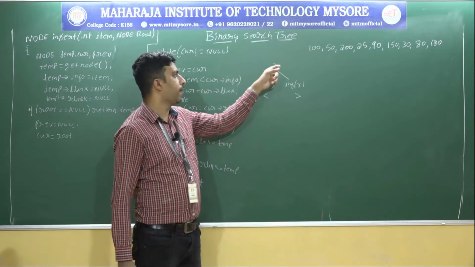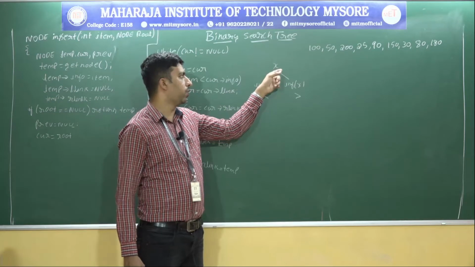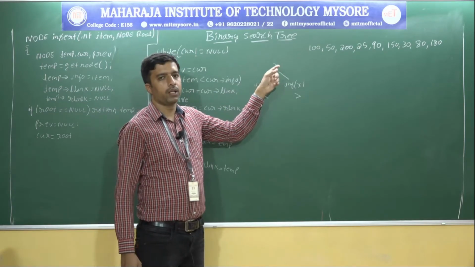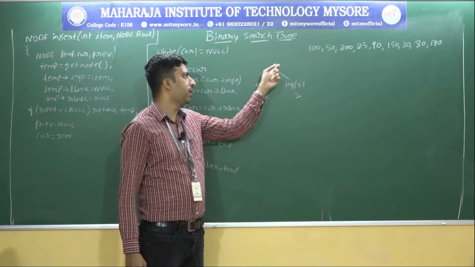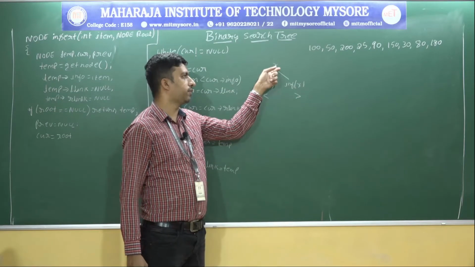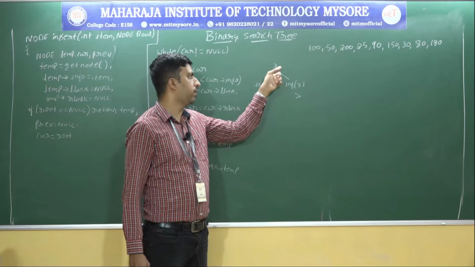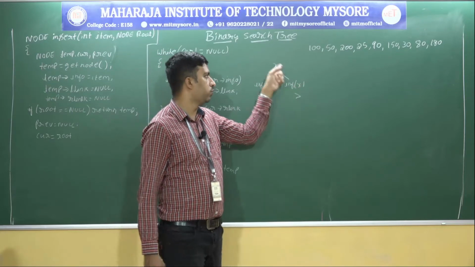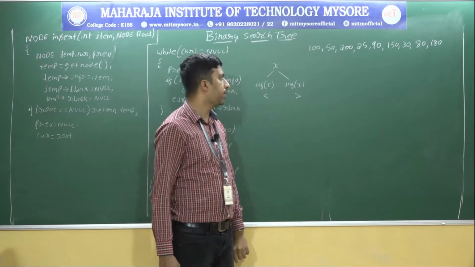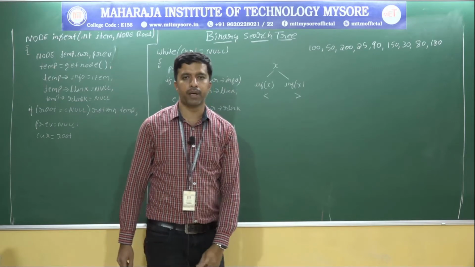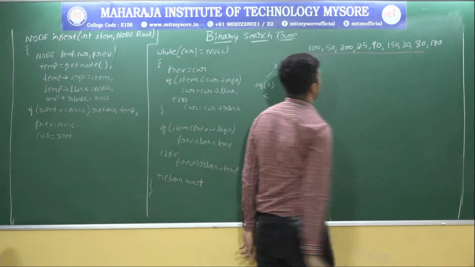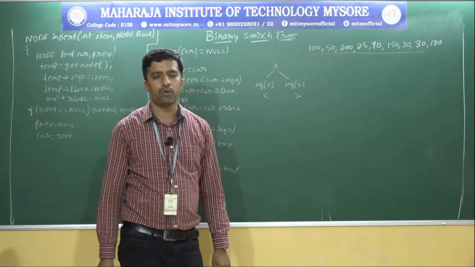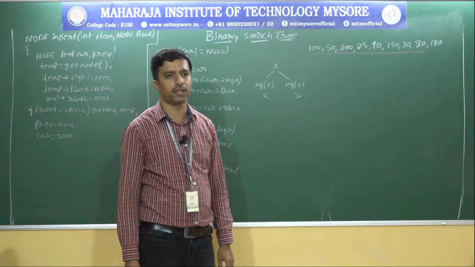In a binary search tree, consider a node x. The left subtree has all the elements less than the info of x, and the right subtree has elements greater than the info of x. Assume these are the values we have. How do we construct the binary search tree?